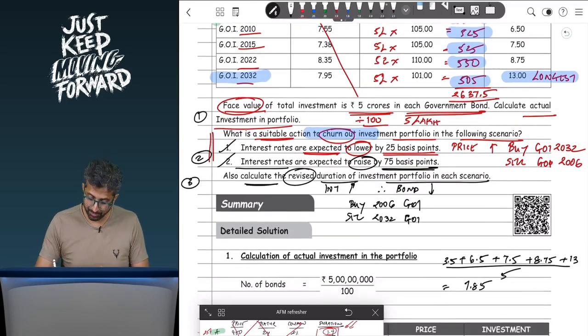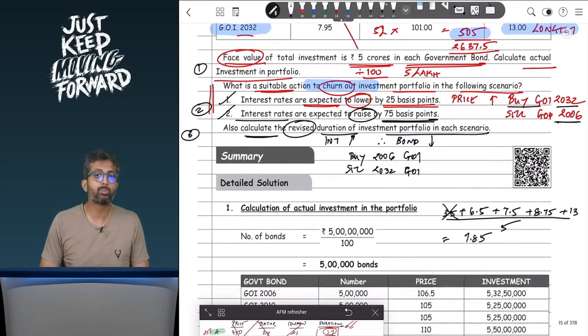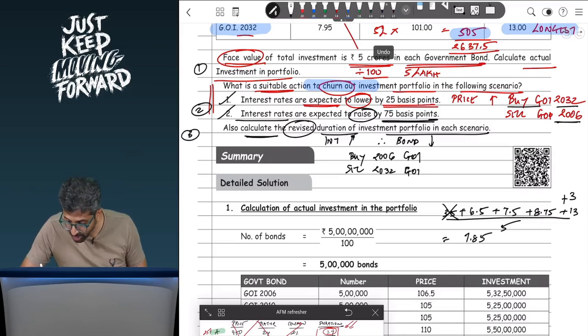Now what happens in the first scenario is, you are telling that I will buy the GUI 2032 bond and sell the GUI 2006 bond, which means in my revised portfolio 3.5 will not be there because I am selling the 2006 bond. In fact, there will be another 2032 bond which will have a further 13 worth of duration.